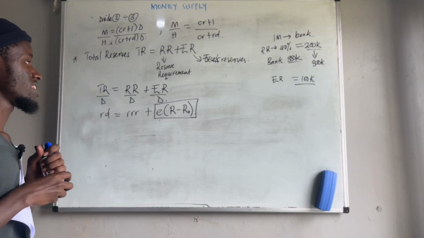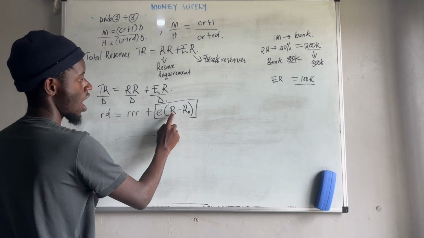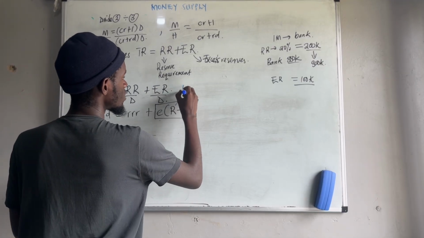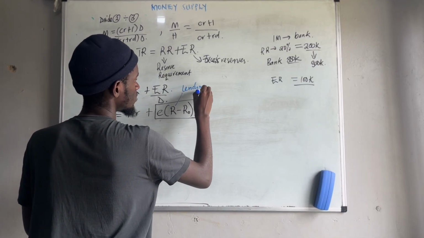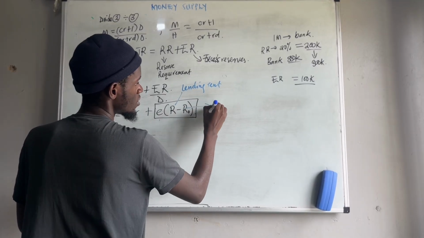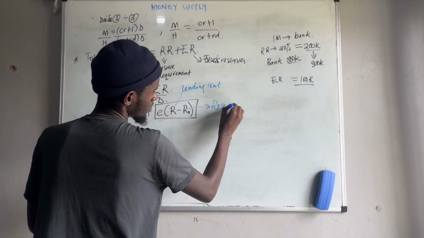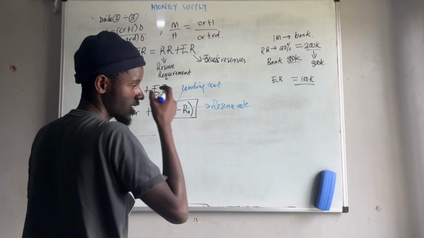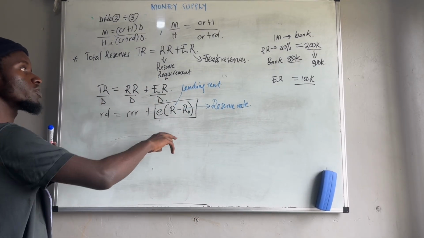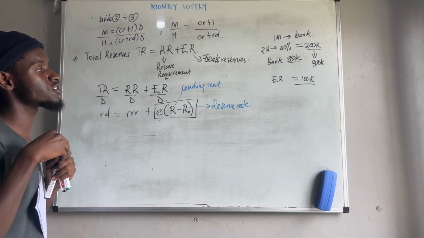In a way that this is a function of R, where R is the lending rate, and R naught is the reserve rate. Now our ER, excess reserves, depends on the lending rate and the reserve rate.